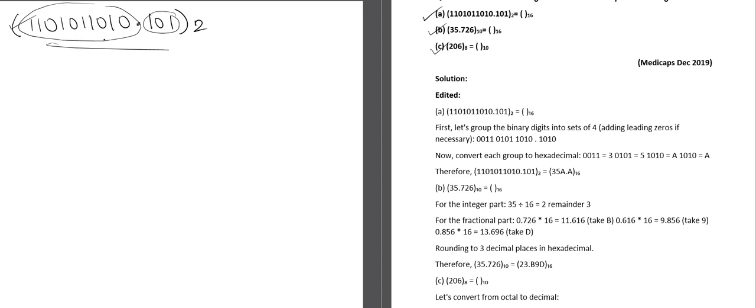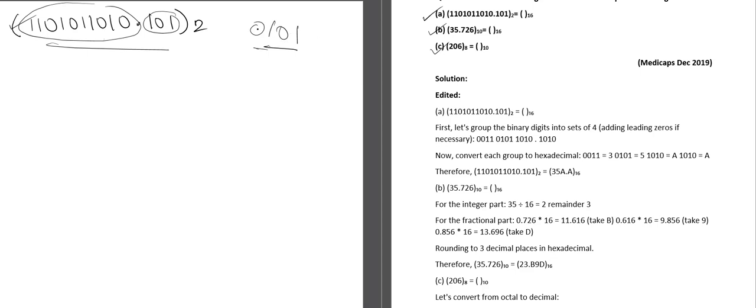For example, if the binary number given is 101 and we are asked to convert it into a hexadecimal number, we can't make a group of 4 bits because there are only 3 bits. So in order to make it 4 bits, we will add 0 at the front, because adding 0 at the front makes no change in its value.